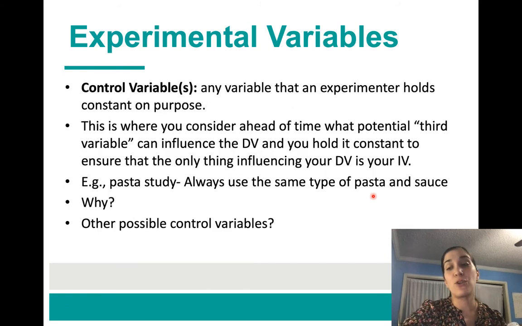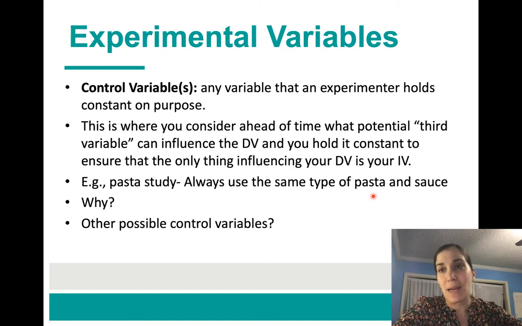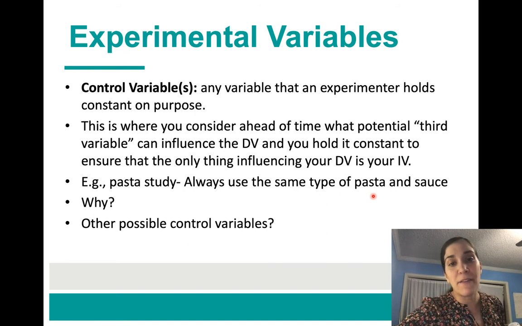We also have control variables. Control variables are not things that you necessarily measure or manipulate, but rather, if you think ahead of time of a variable that could potentially impact your findings, could potentially impact the effect on your dependent variable, but is not your independent variable. So think about the pasta study.